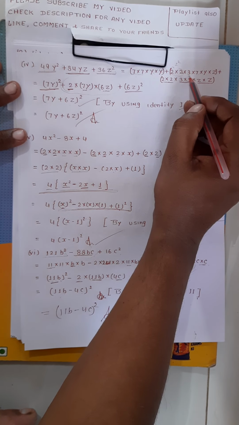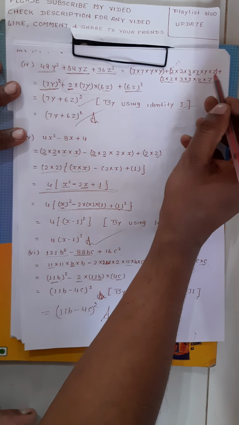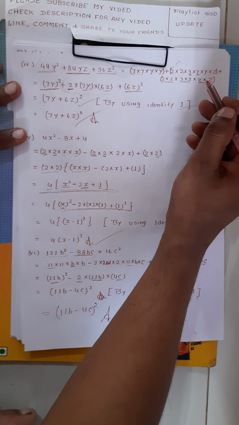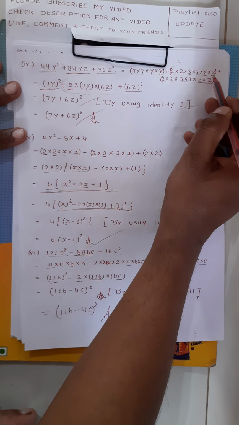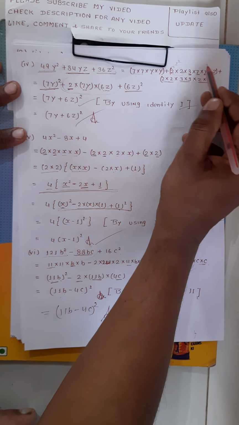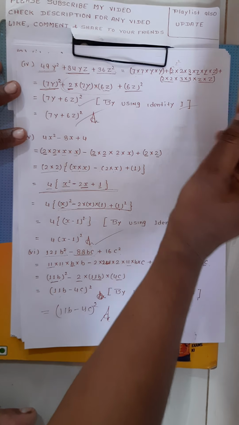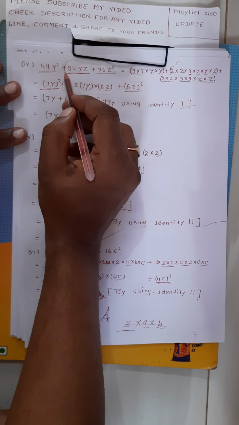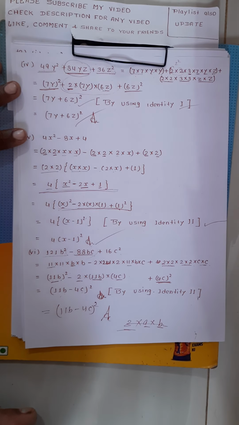But for the 3, there is no other 3, so we cannot make it a square, and 7 also has no other 7 here. Also y is alone here, z is alone here, so we cannot make 84yz a perfect square. Okay, because it is not a perfect square.